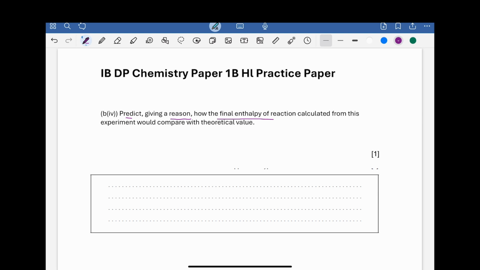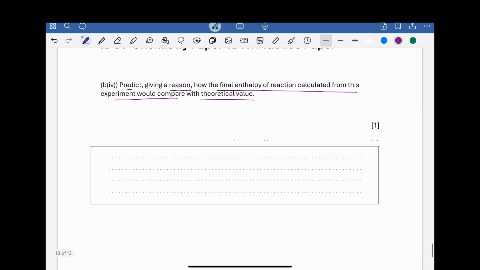Predict, giving a reason, how the final enthalpy of reaction calculated from this experiment would compare with the theoretical value.